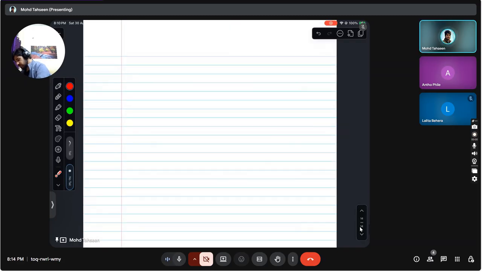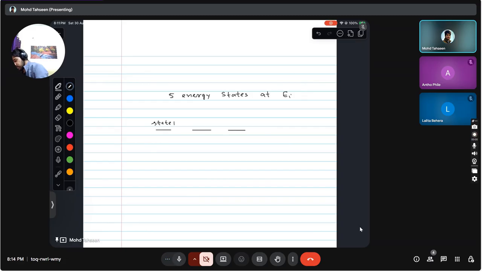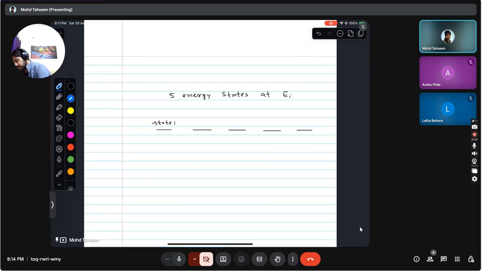Let's say I have 5 energy states at energy level Ei, and let's say this is state 1, and similarly state 2, state 3, state 4, and state 5.